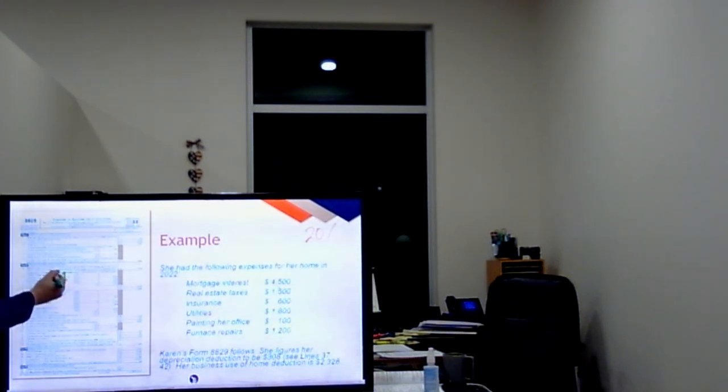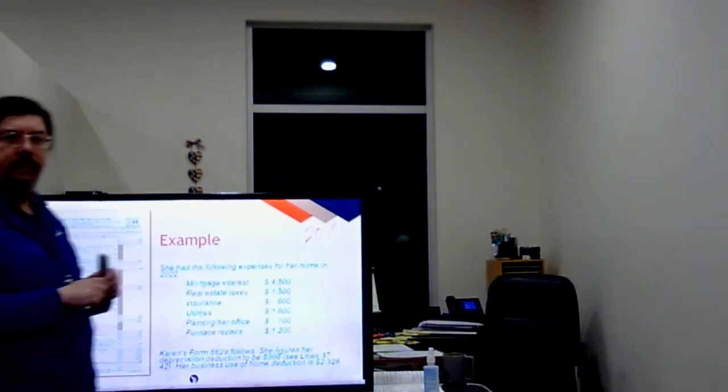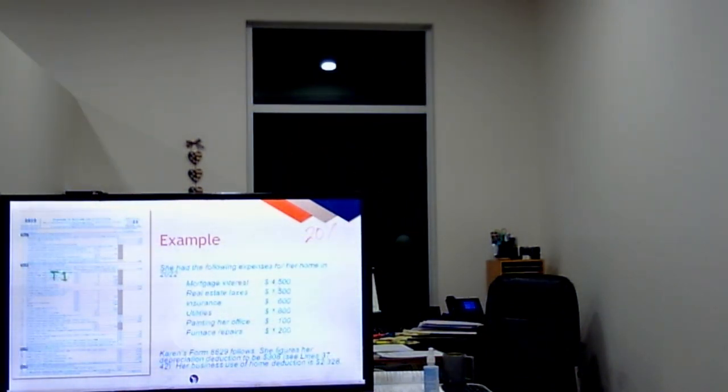In the tax code, these are defined as expenses that are deductible whether or not you're using your home for business. So that's why we see mortgage interest and property taxes, because you normally get to deduct your mortgage interest and property taxes even if you didn't have a home office. And then some casualty losses you also get to deduct.